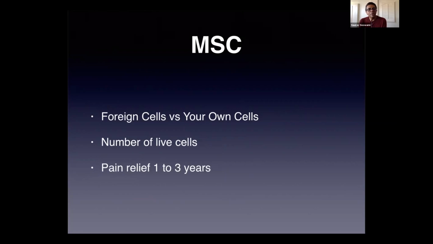It's what cells are being used, how many cells, how many live cells are being injected. But now we have published data showing that you can expect a pain relief of at least 1 to 3 years. Again, that is average. A lot depends upon, again, the number of cells used, the protocol used, and a lot of other factors. So these are some emerging treatments that one should keep in mind.